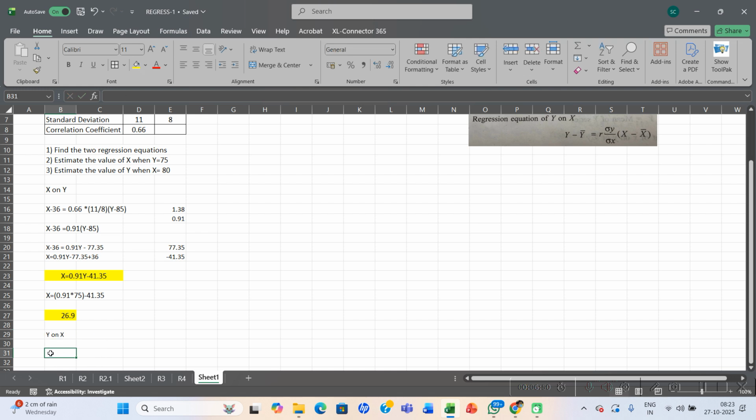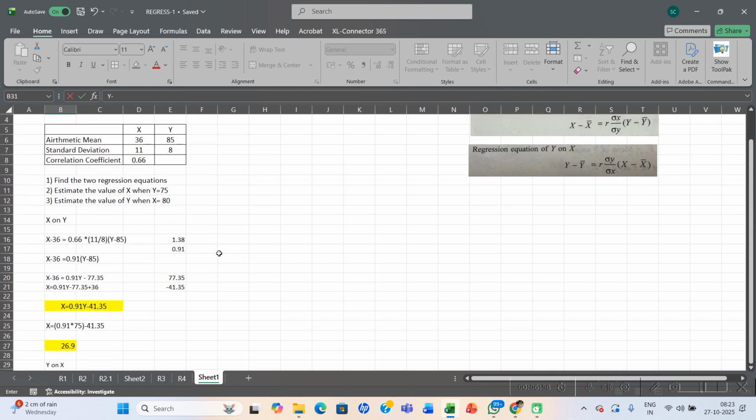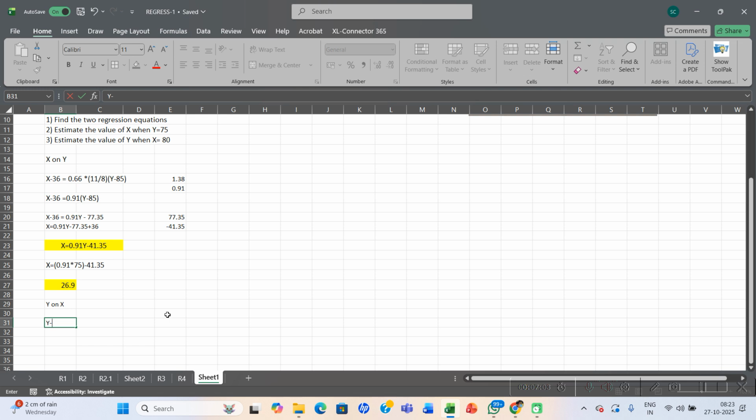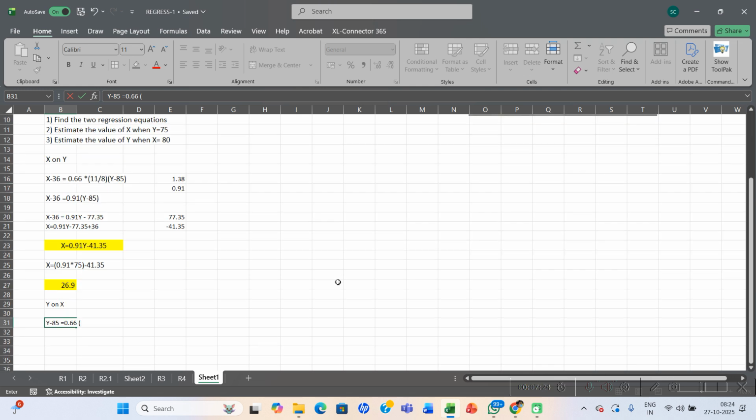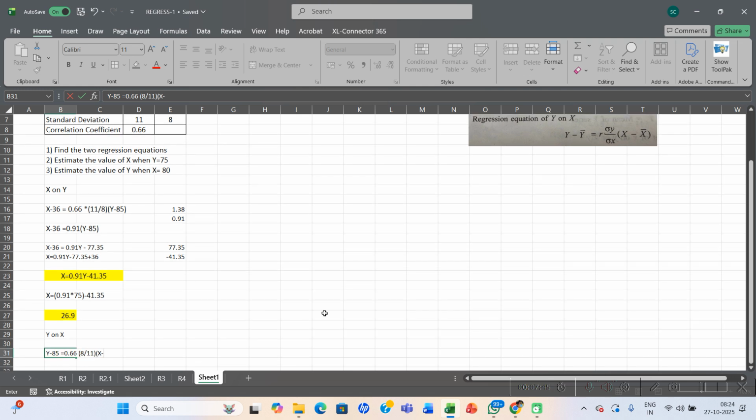So y on x will be y minus y bar, and y bar is 85, so it will be y minus 85 equal to r, which is given as 0.66, multiplied by sigma y upon sigma x, so it is 8 by 11, multiplied by x minus x bar, and the x bar given is 36. The step remains the same.